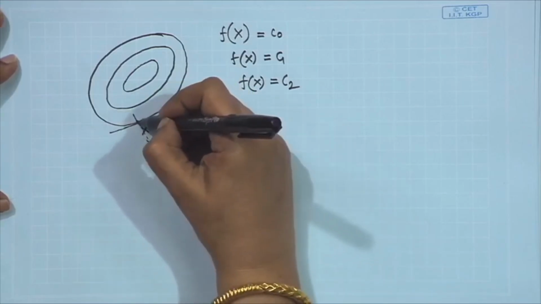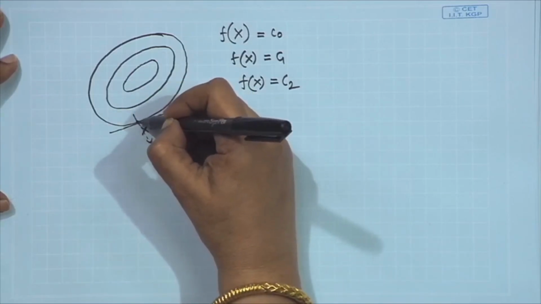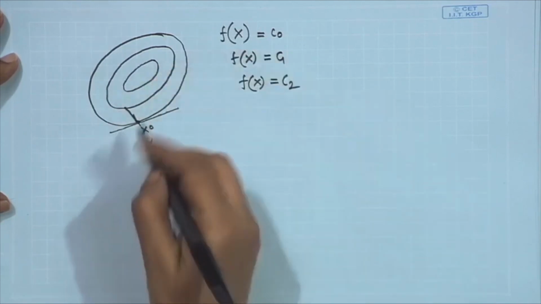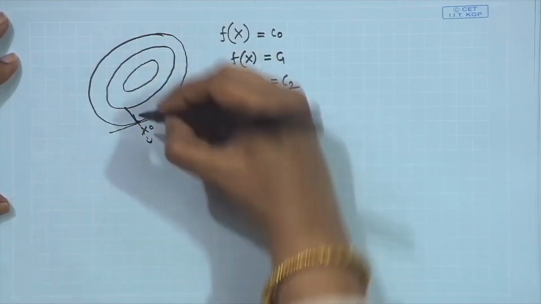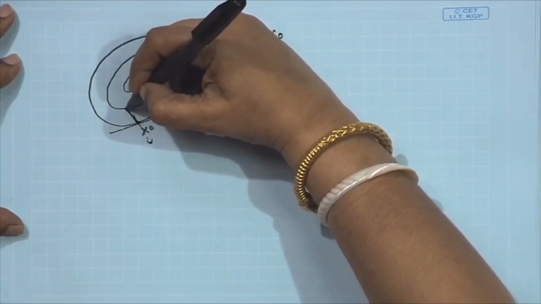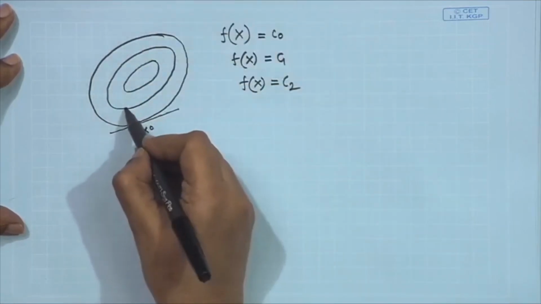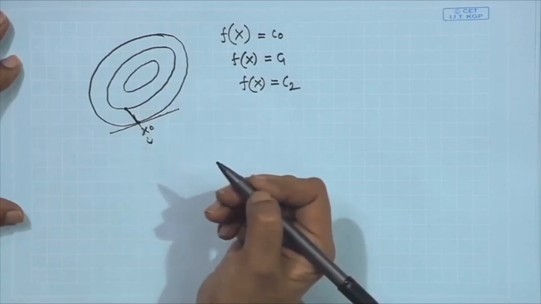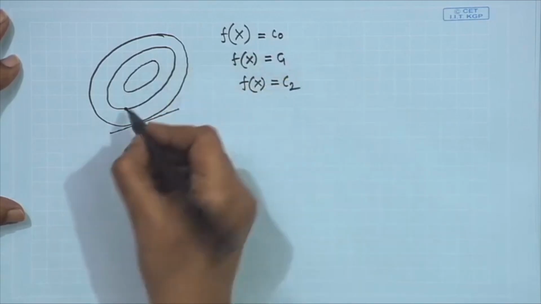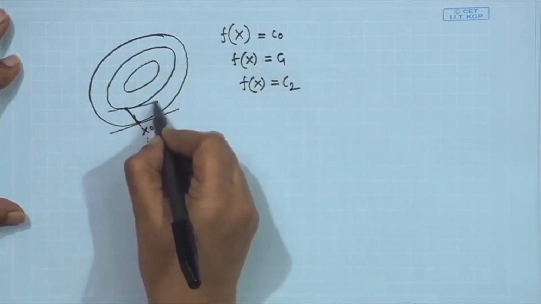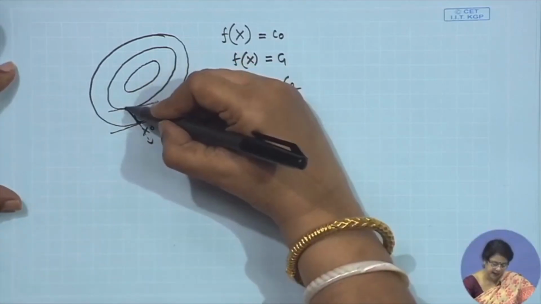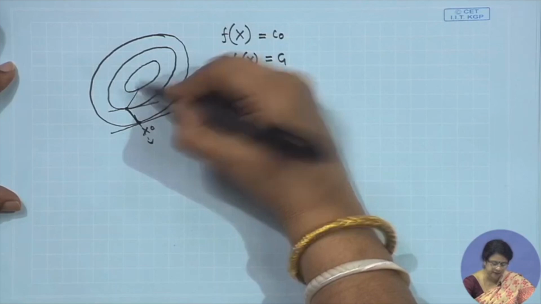Actually, the step should be at 90 degrees from here, and at this point it will touch x1, where after a certain step length, that is alpha naught, again we will consider the tangent, and again it will move like this.